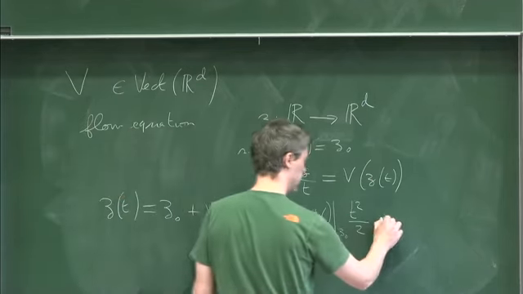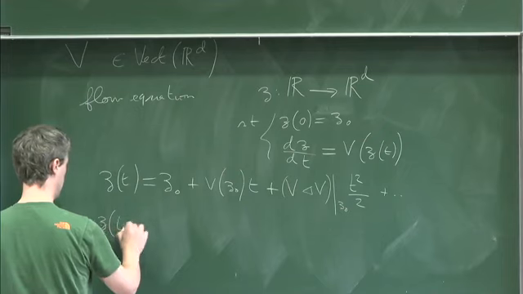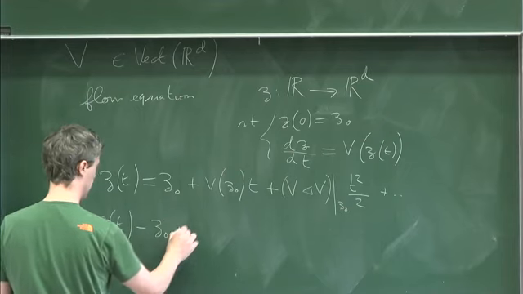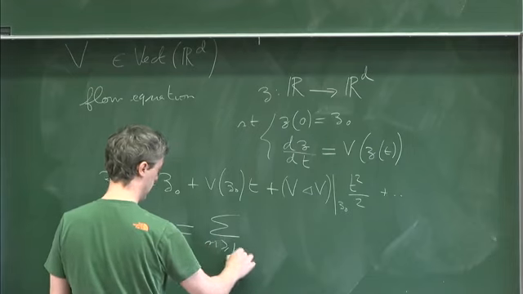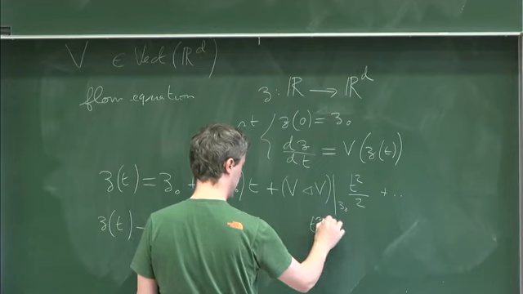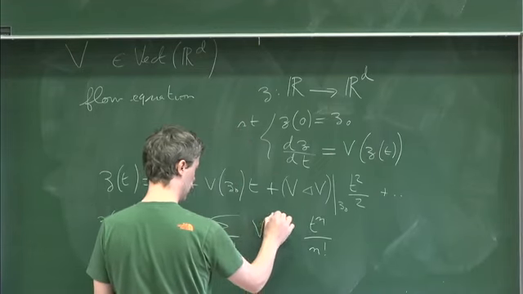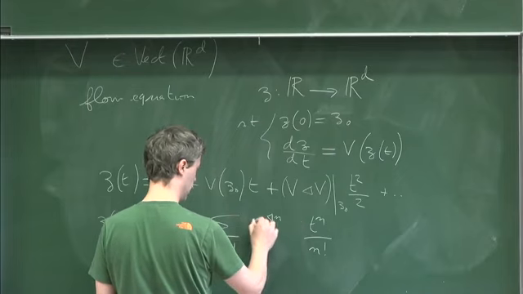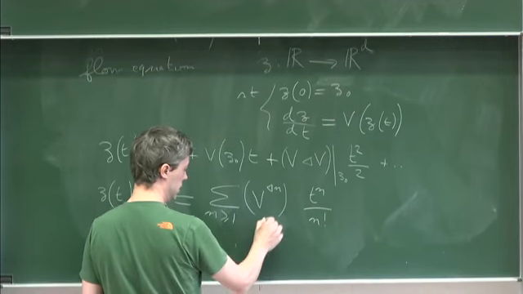And it goes on. So the general solution is that z of t minus z0 is the sum for n greater than or equal to 1 of t^n over n factorial, and here we have the iterated Pre-Lie product. What does this mean?